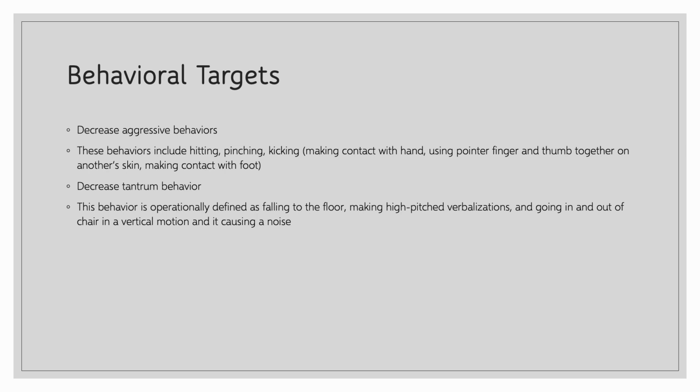And like discussed previously, this happened during DTT, so sitting at the table, engaging in trials. This is when that would occur most frequently. So during her FA, we determined that it was partially tangible but partially escape behaviors. And so that's how that was functionally relevant for her.